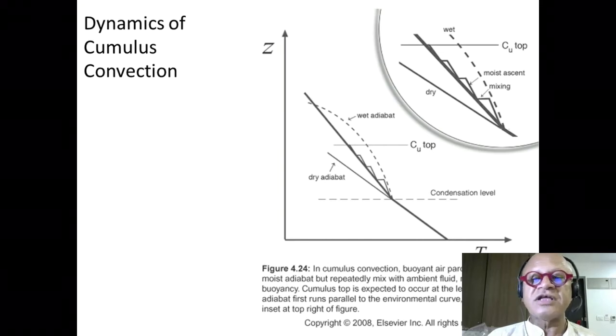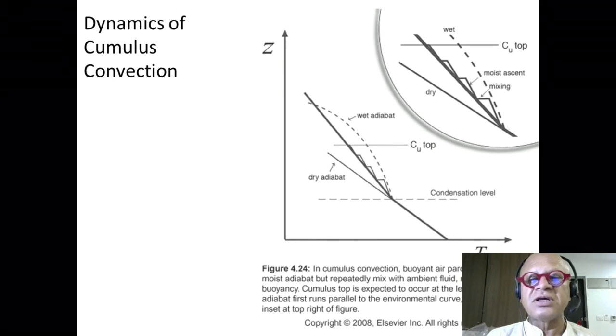Okay, so you can see that here is the wet adiabat, but here is the actual path, and this is the top of the cumulus cloud, cumulus convection, and it occurs somewhere at the level where the adiabat first runs parallel. So it's bending this way.